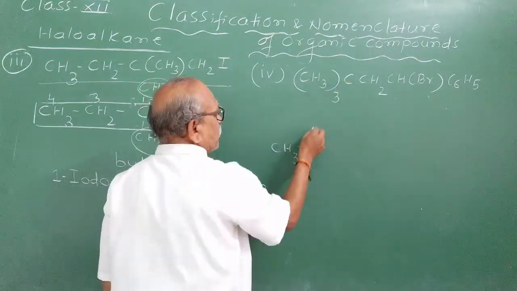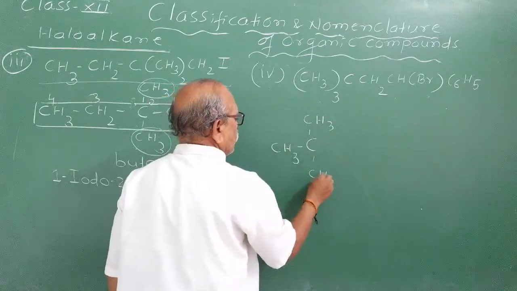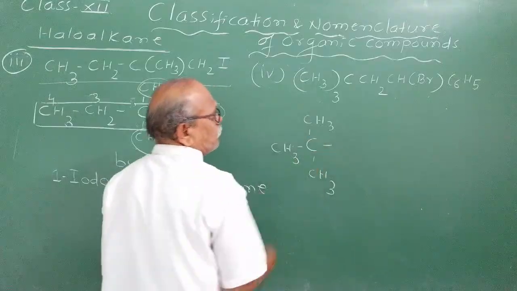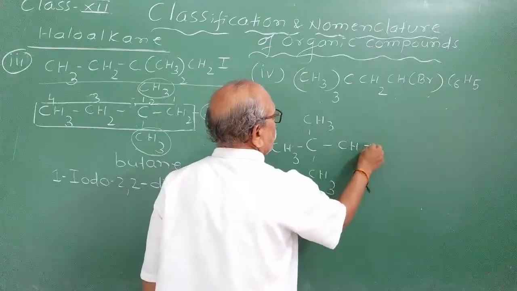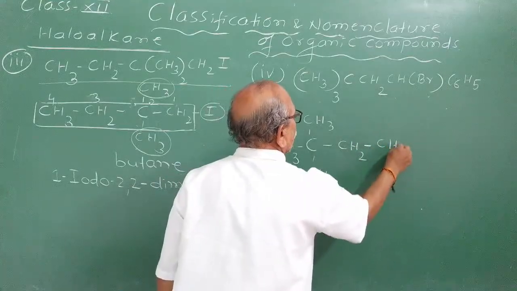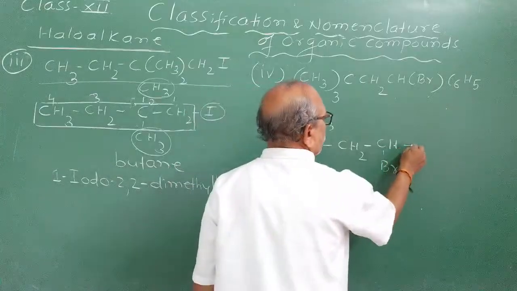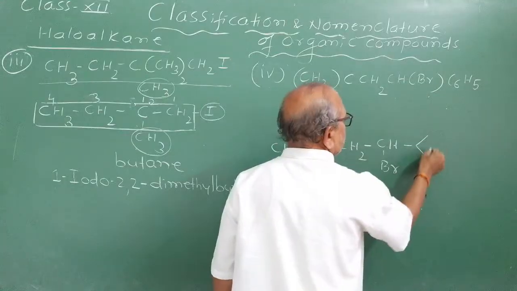To the first carbon atom, three methyl groups are linked, CH3. 1, 2, 3 valences are satisfied. The fourth one is here. You have CH2, then you have CHBr, and to the same carbon atom, C6H5. What is C6H5?